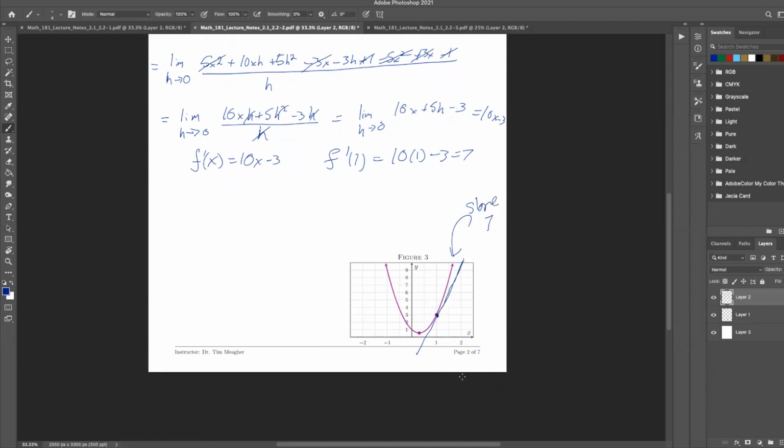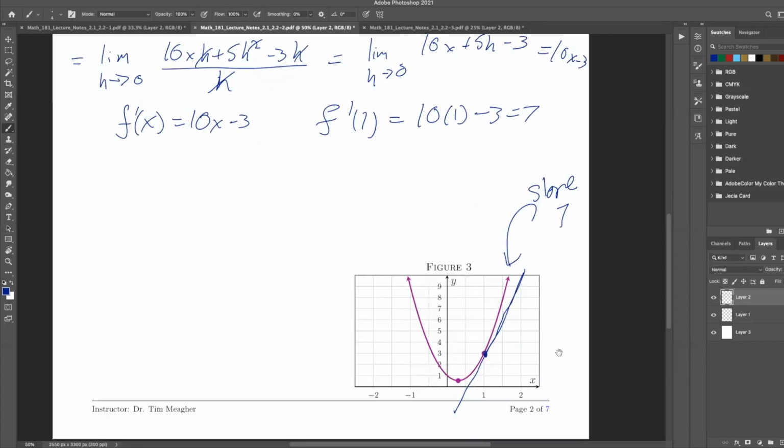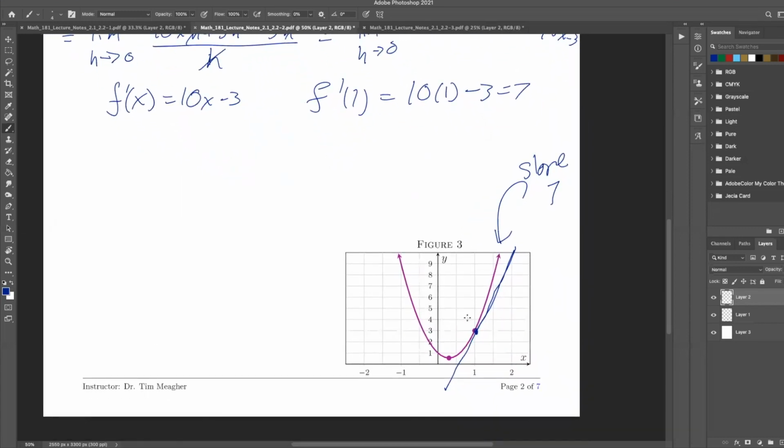Let me zoom in a little bit. So here the slope of this is 7. And this derivative function tells me the slope of any tangent line at any given point for the function. So given a function, I can compute the derivative function. And after I compute that, I know the slope of all the tangent lines.